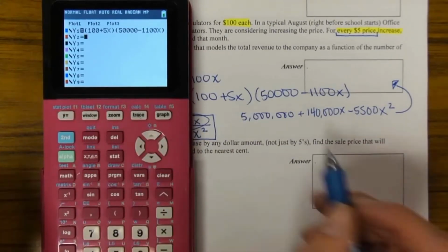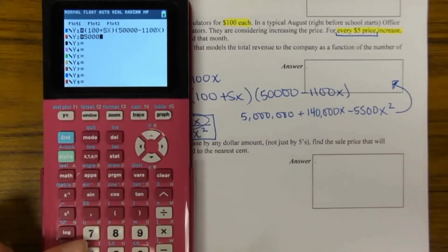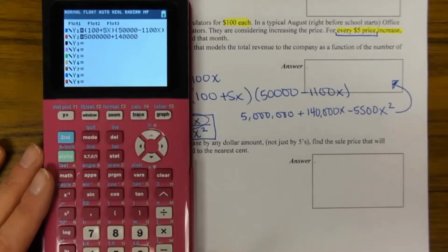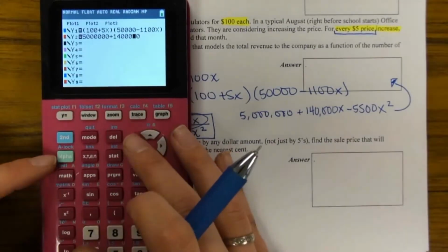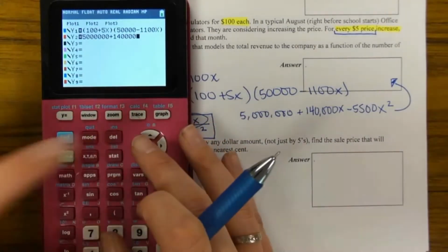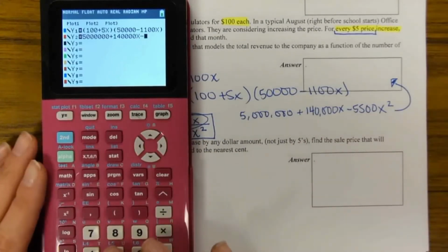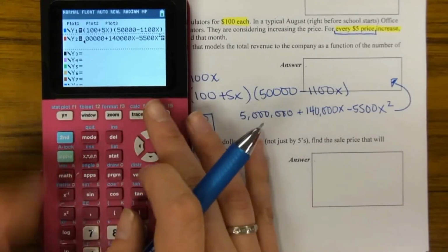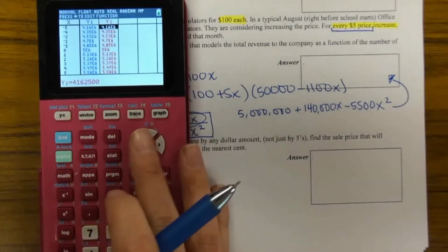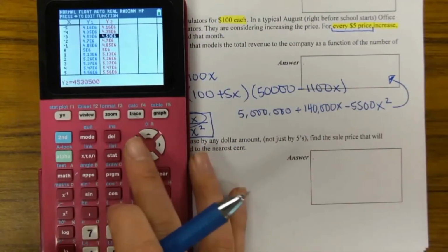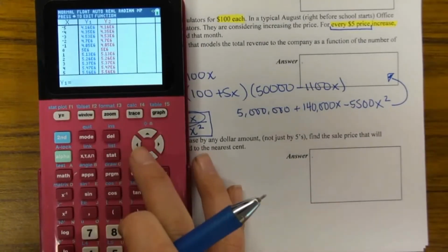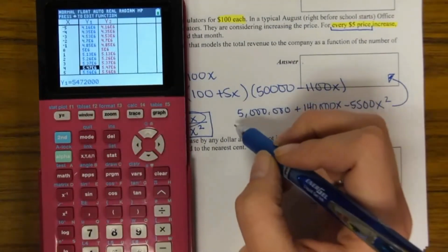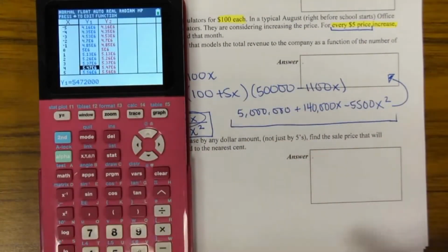And then in the second y equals, I'll put the one that we just solved for, so 5 million plus 140,000x, I think I put one too many zeros, minus 5,500x squared. And then if these are exactly the same thing, we know we did it correctly. And as we look down here, these are exactly the same thing. And so we know we did it correctly. And so that is our equation that models the revenue.